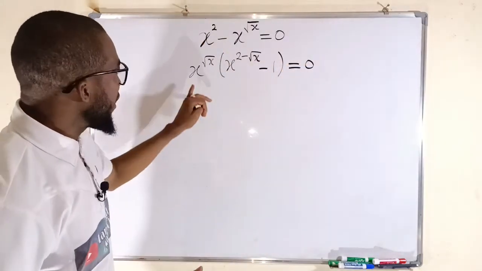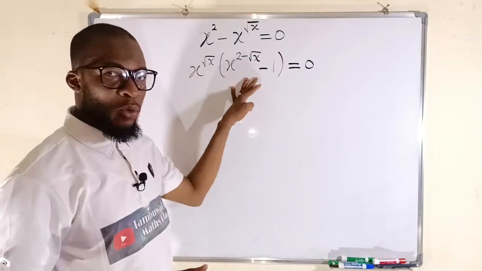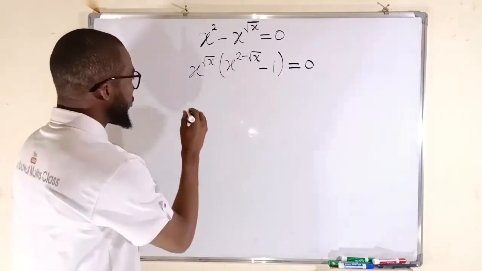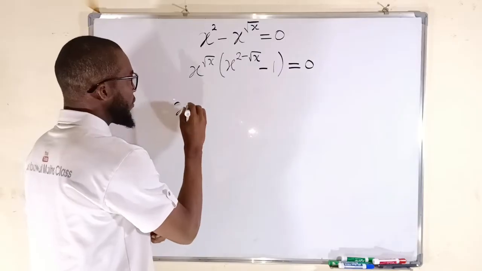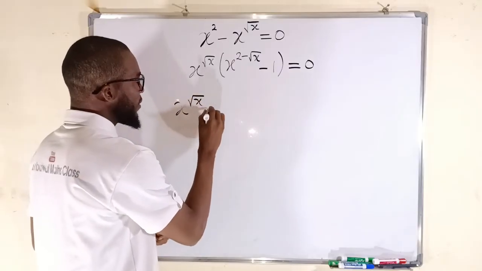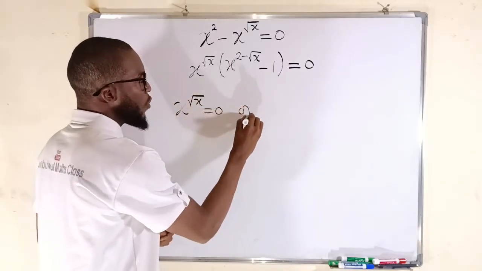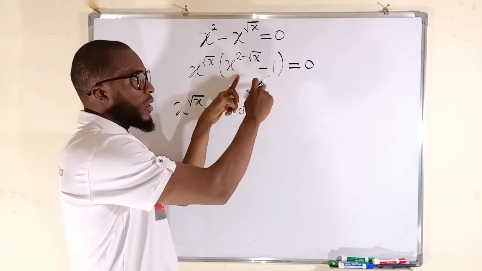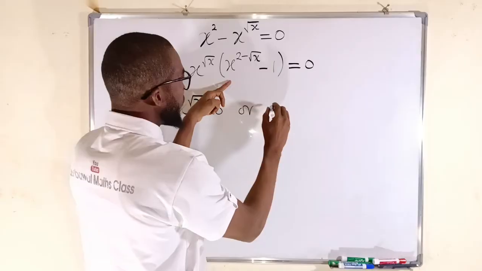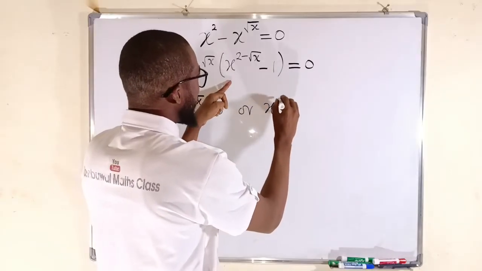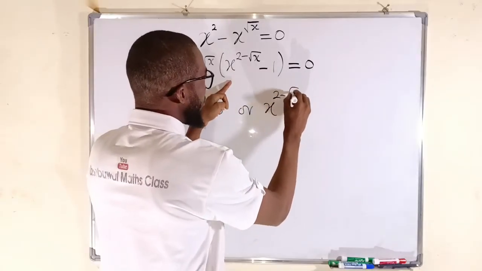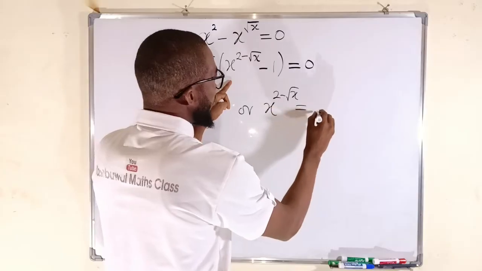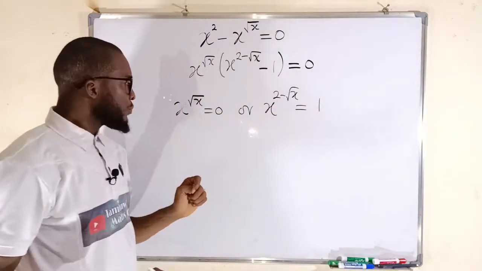Now it implies that either this or this must be equal to 0, right? So if we say that x raised to the power of the square root of x is equal to 0, or the other one, by setting this to be equal to 0, you can take -1 to the other side, which implies that x raised to the power of 2 minus the square root of x must be equal to 1.